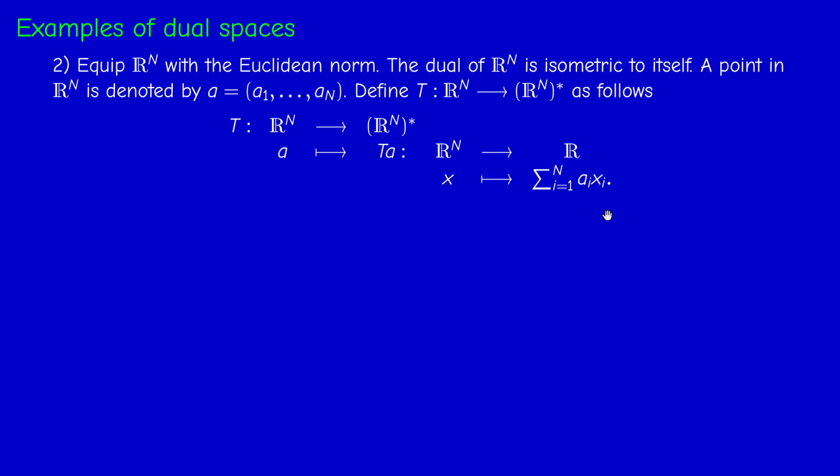This is my isometric isomorphism. So the conclusion is that I can identify the dual of R^n with R^n.